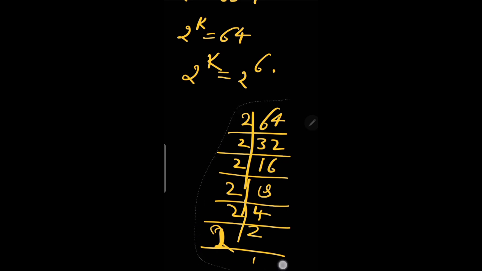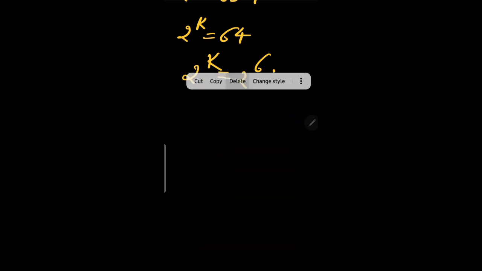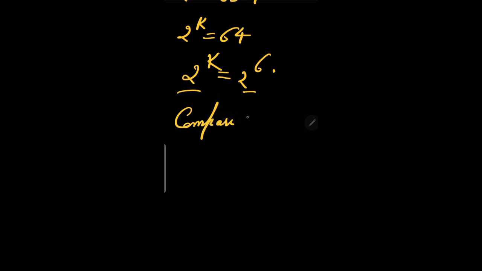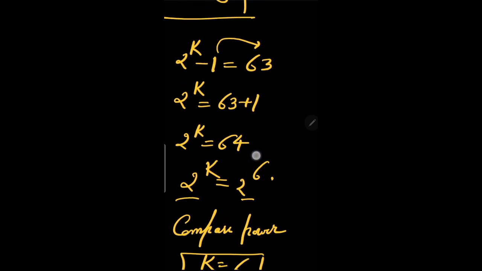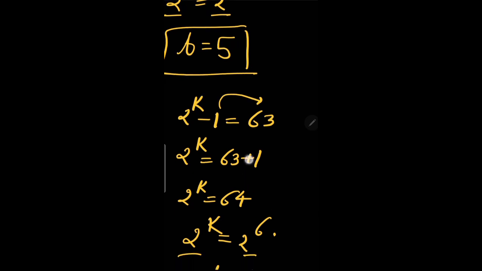Now, as this value is 2 raised to 6, the base is the same, so compare the powers. So k is equal to 6. We need to find a, not k. So b is 5 and k is 6.